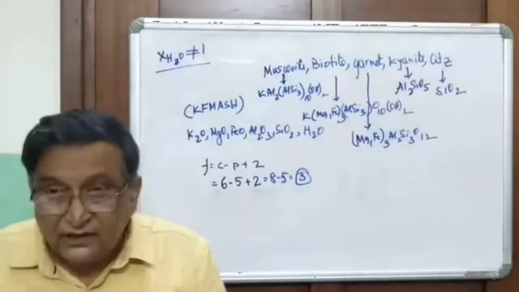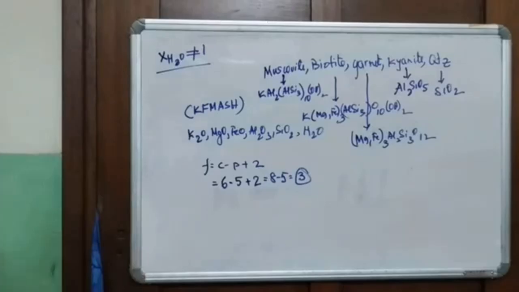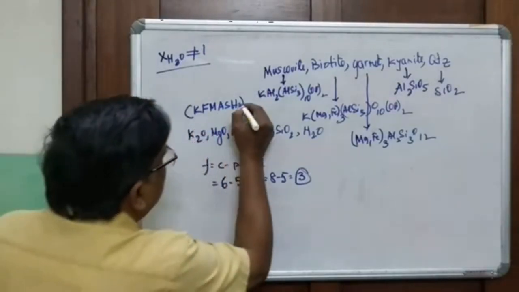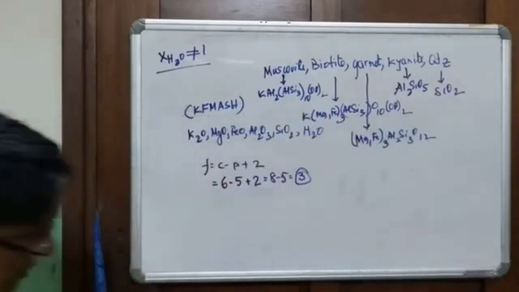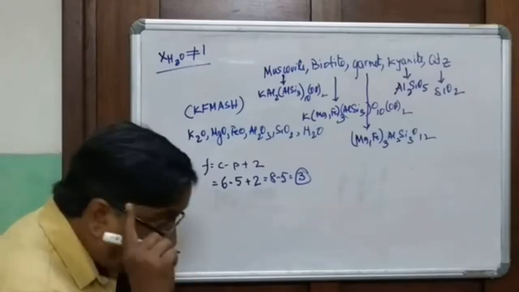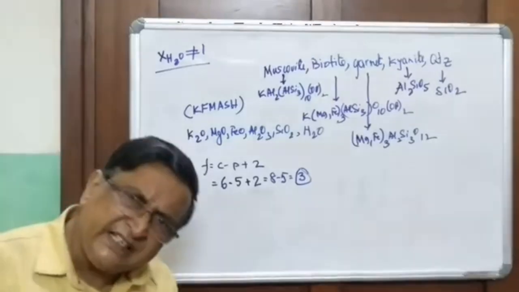You can do another thing. I'm writing it in red so that you remember what I'm saying. Be very, very careful about what I'm saying. I will repeat what I said before.